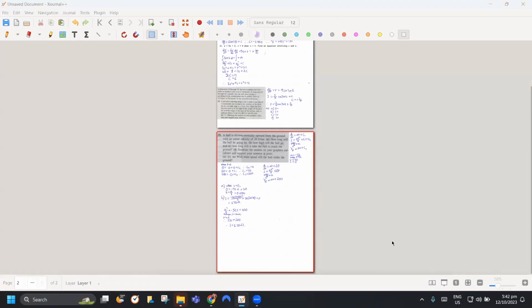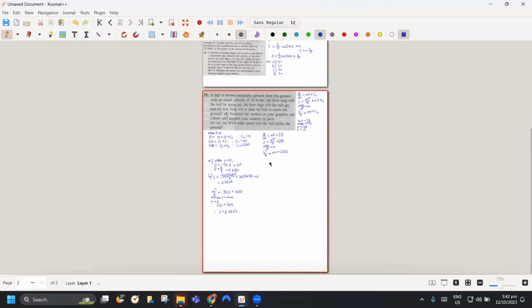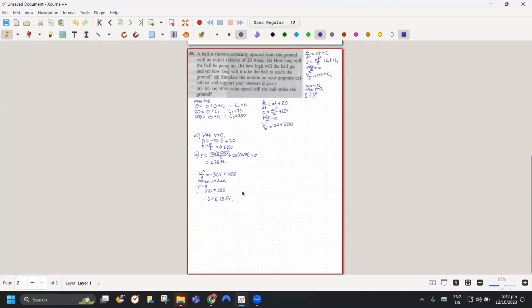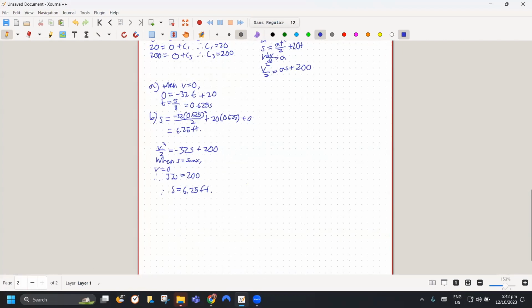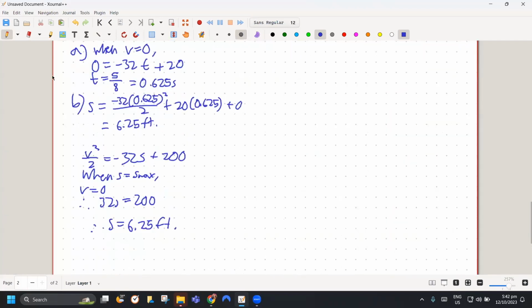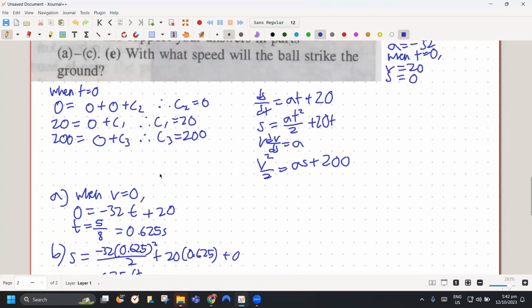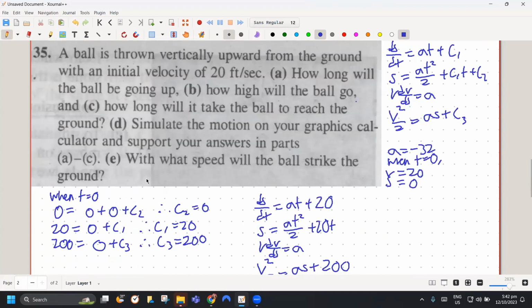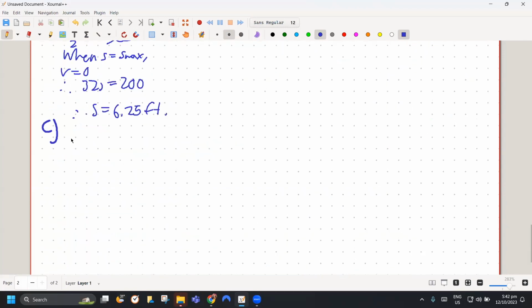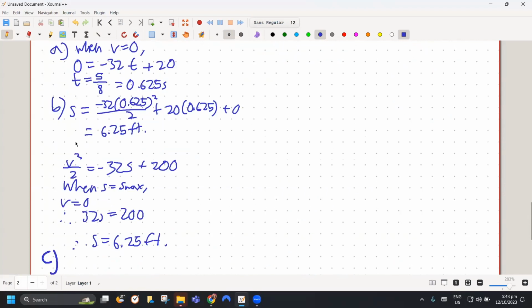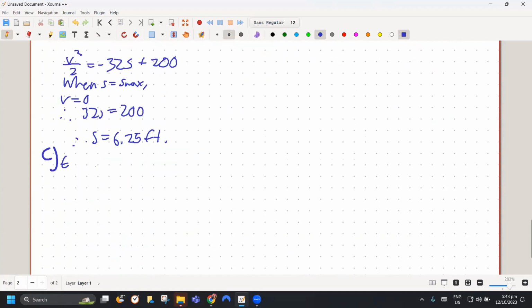Saan pa yung mga change nito? Ayan, so, dapat pareho po, same time.